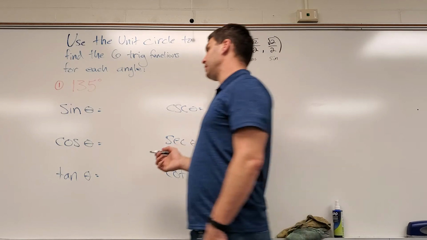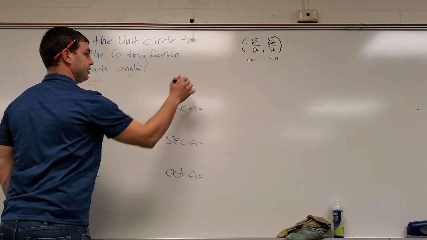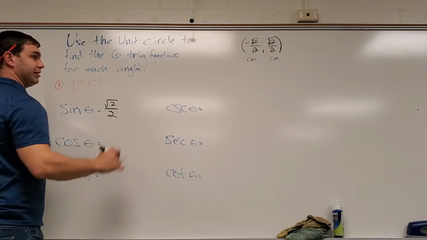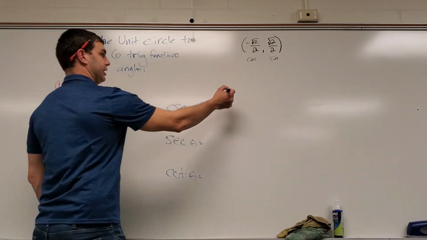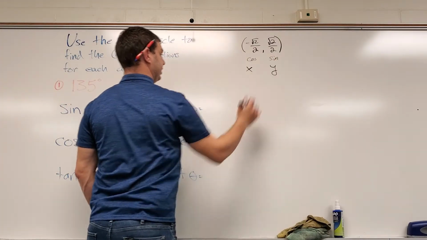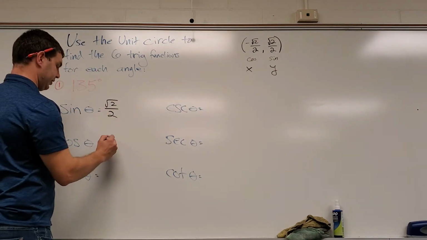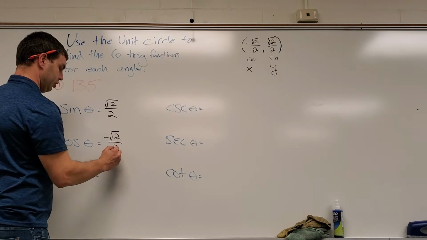So let's try it. So first off, sine is going to just be the square root of 2 over 2. I'm getting that from the second point up here. If this is like xy, sine is y, so we can find that with cosine. Cosine is negative square root of 2 over 2.